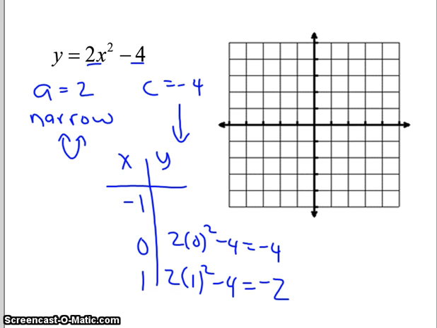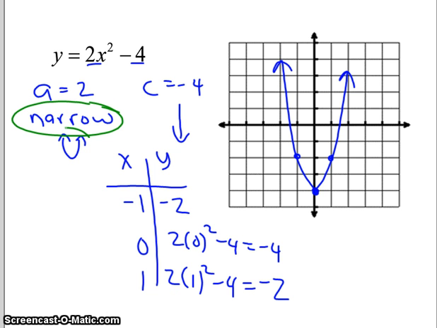And by now we should have seen that -1 will have the same value as 1, so that's -2. So plotting these ordered pairs, 1, -2, 0, -4, and then -1, -2 gives me this parabola. You may note that it is more narrow than normal, so that's exactly what we predicted. And we will note that it opens up, and notice that we have a parabola shifted down 4 units.